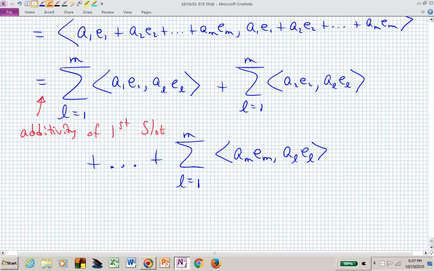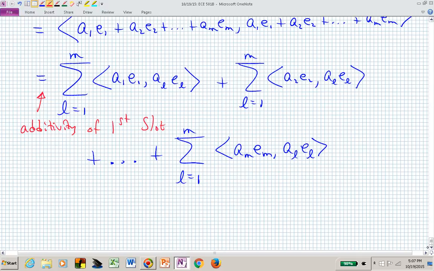But I can collapse that down a little bit because it looks the same in the first slot if I just sum over those indices. Now I have basically a collection of sums, two sums. Now I can say that this is equal to this sum from, let's say, K.